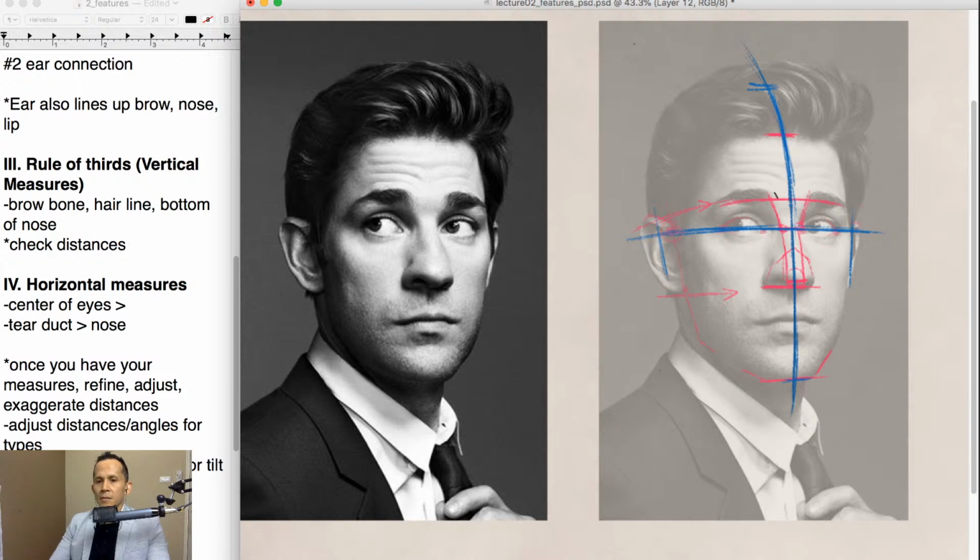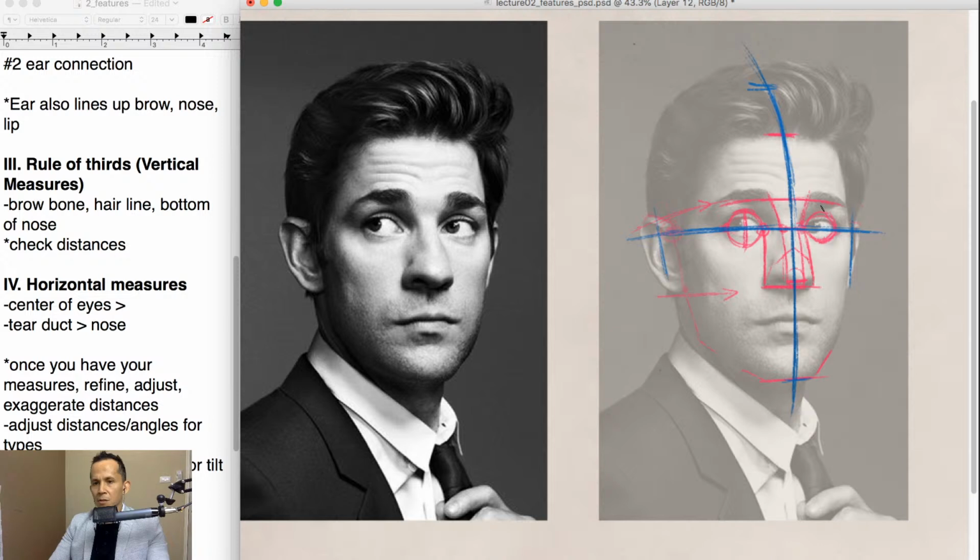And once I have this keystone, I look for the tear duct. Train your eye to look for the tear duct. It'll lead you to the side of the nostril, the center of the eye. And there's a couple of ways I look for the center of the eye. One is, if it's clear, like visible like this, just bisect it in half. Imagine you're drawing a straight line through a sphere.